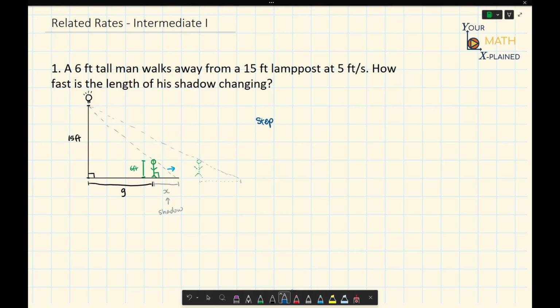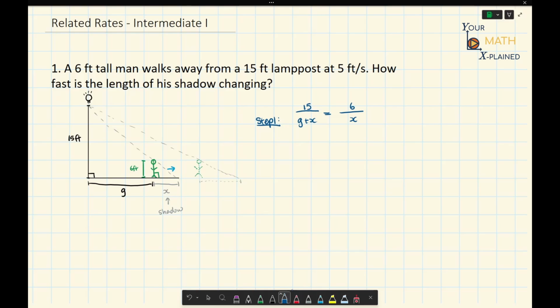So step one, the equation that we're going to set up is going to be the height of the large triangle, which is 15, over the base of the large triangle, which is G plus x. And this is going to be equal to the height of the small triangle, which is the height of the man, that's 6, over the base of that small triangle, which is just the shadow, so that'll be x.